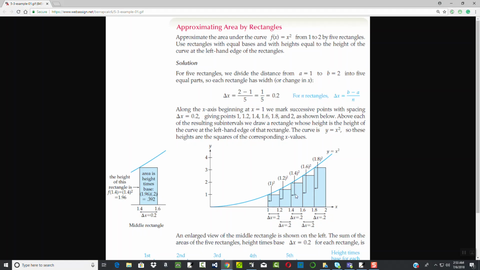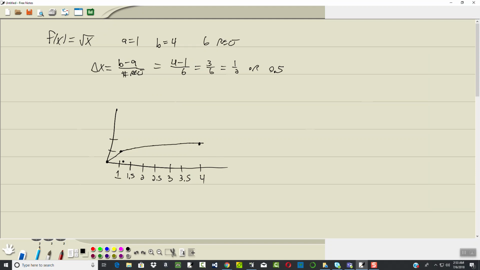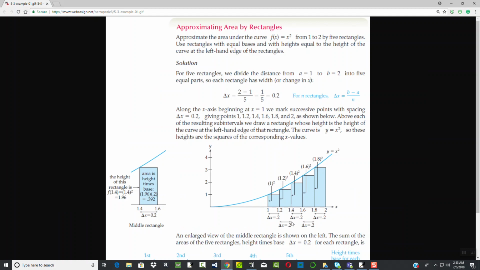So notice when they draw the rectangles here, they have them below the graph. Specifically, above each of the resulting subregions, we draw a rectangle whose height is the height of the curve at the left-hand edge of that rectangle. So come here, left hand, like that, left hand, left hand, the left hand from top is touching the graph. Same thing here, here, and here. Those should be the same width, by the way. Obviously, I can't draw it very well.